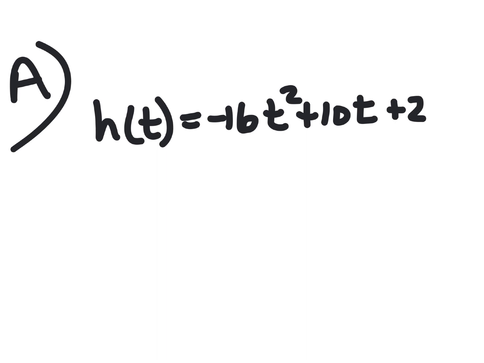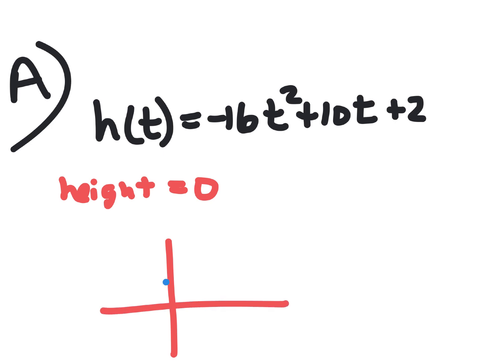What if I asked you for height is 0? When would the ball be at height 0? Well, if you look at the picture of the ball, it would be at height 0 at that exact moment, and that's the moment the ball hit the ground.